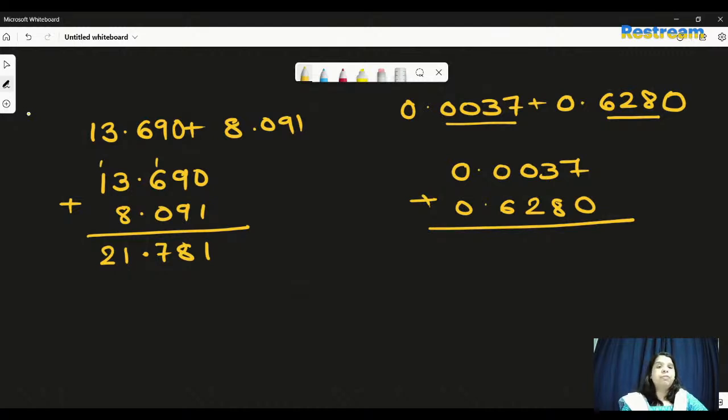Okay, so 7 plus 0 is 7, 3 plus 8 is 11, 1 carry, 1 plus 2 is 3, 6 and 0. So we have 0.6317. Remember how I'm reading it. It is 0.6317.